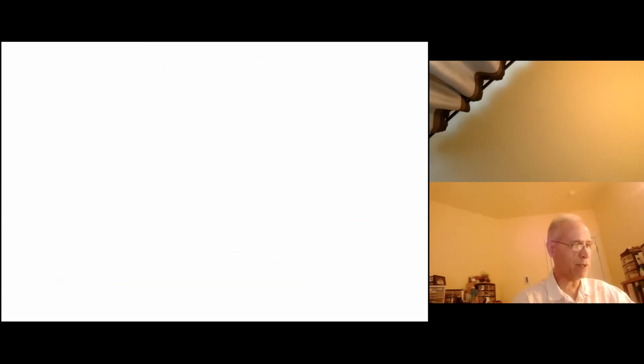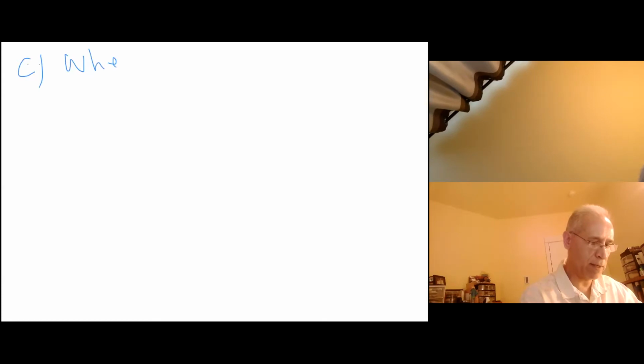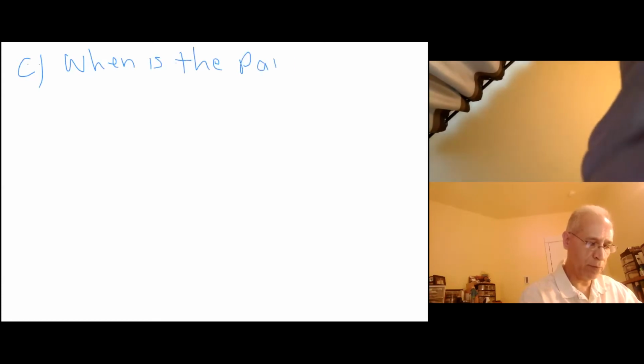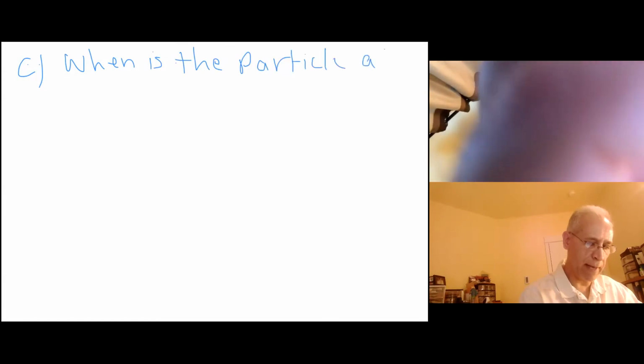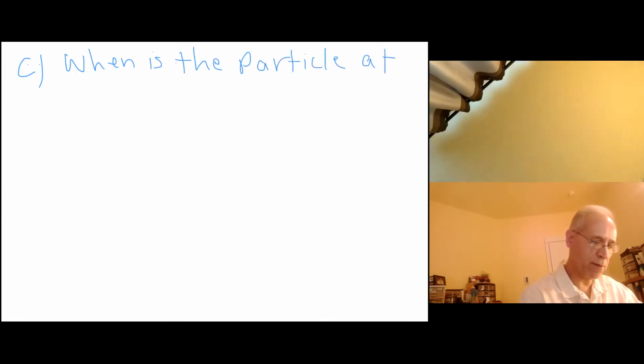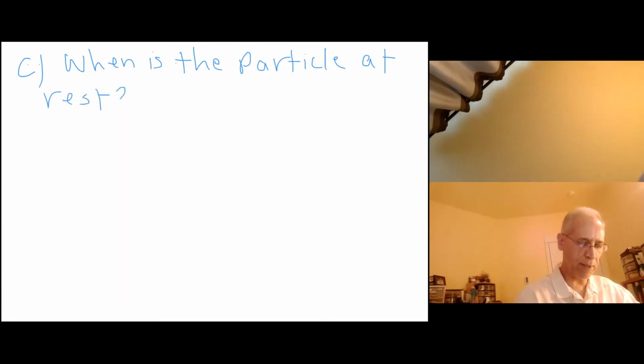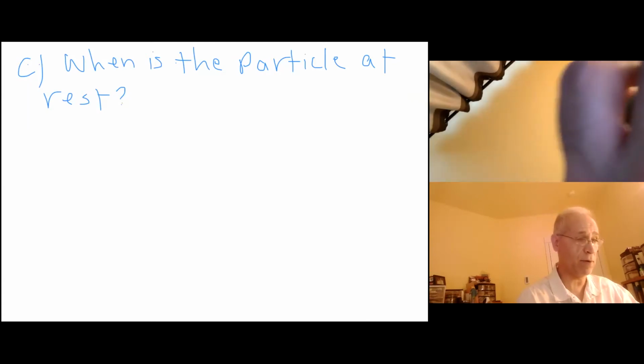Going to the next page, part C is asking, when is the particle at rest? Okay, the particle is at rest when the velocity is 0. There is no velocity.